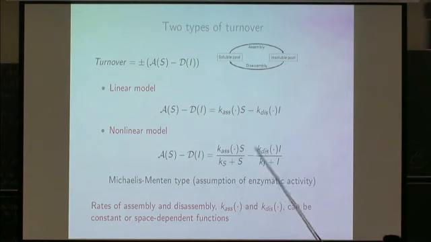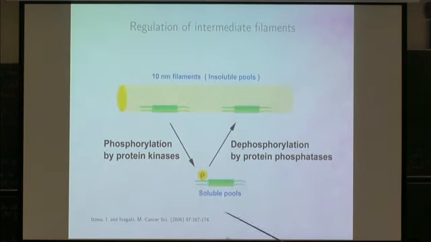For the disassembly, we have an enzymatic effect, which is very well documented. We have phosphorylation by kinase to induce the disassembly of intermediate filament. For the assembly, we might have some chaperone, or in fact, what is going on is phosphorylation of the aggregated proteins that induces the solubilization.